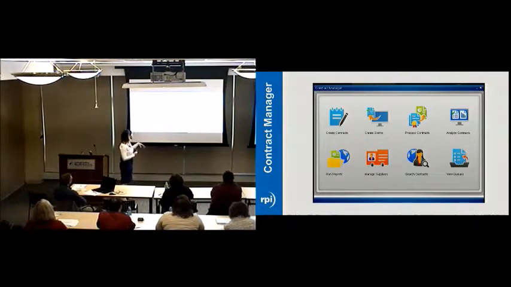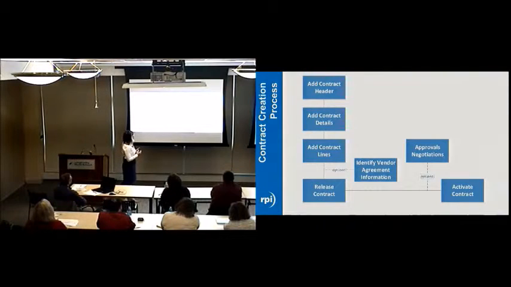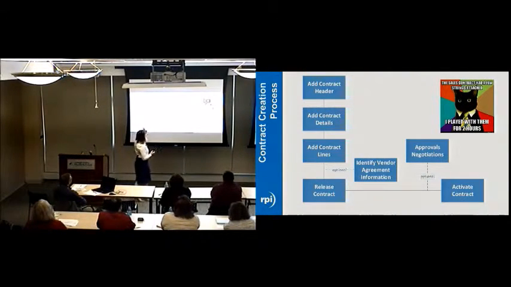This is just one of the selections in contract management. It's called the contract manager role area. There's a bunch of different options here on what tasks that manager is going to take. So, creating contracts. This is a typical process. You start off just like you do in Lawson today.